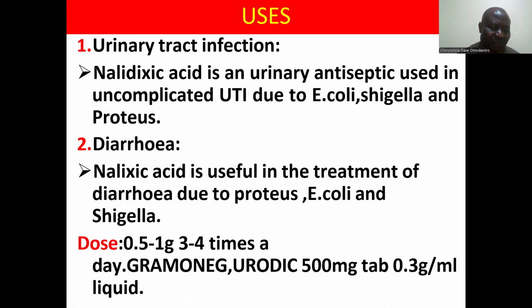The possible dose is 0.5 to 1 gram three times a day. Available brands include Gramoneg and Urodisc, which come in 500 milligram tablets or in liquid form.